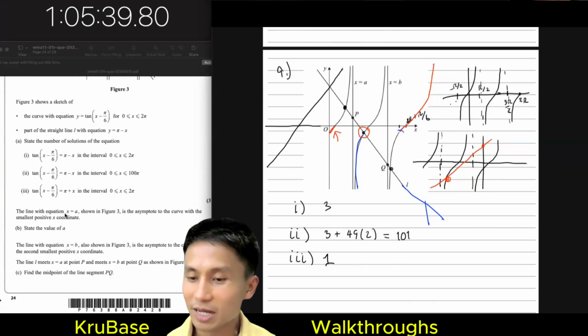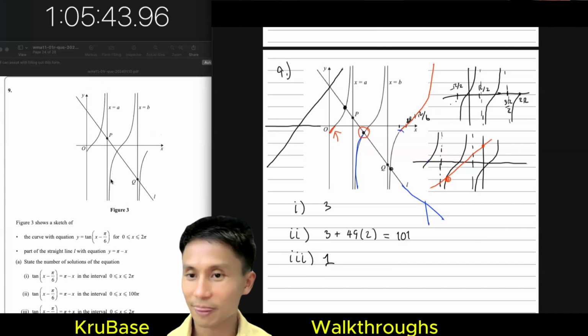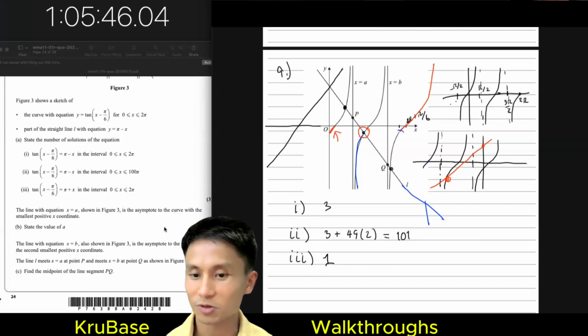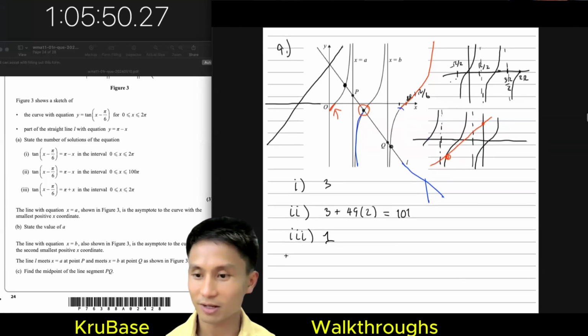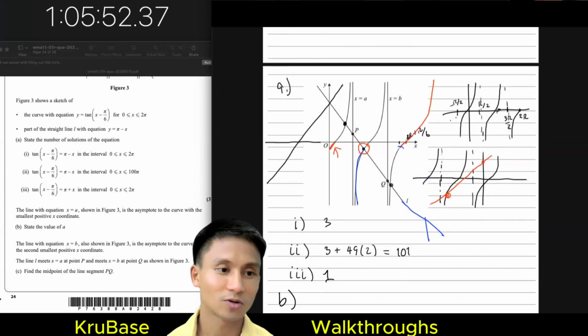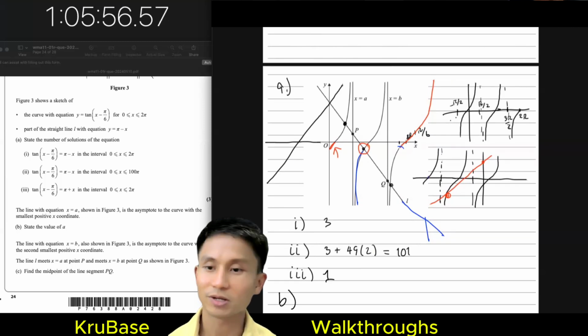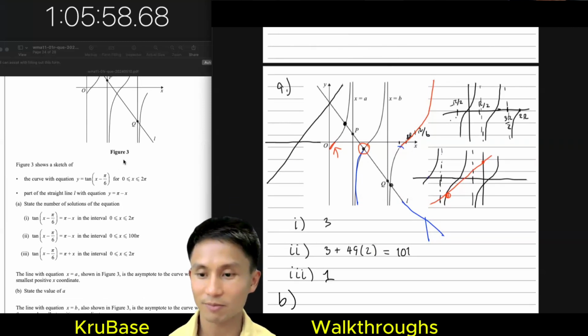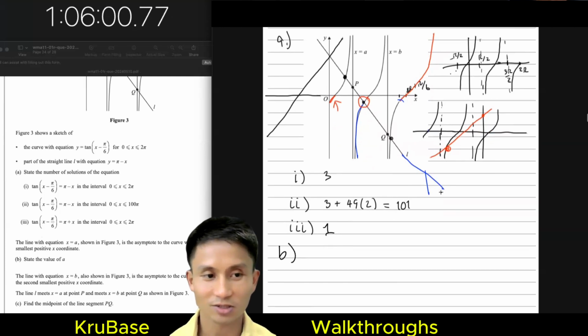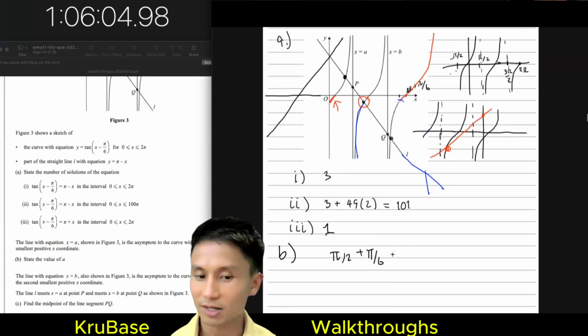The line with equation x equals a, shown in figure 3, is the asymptote of the curve with the smallest positive x coordinate. State the value of a. Okay, that's not bad. So it used to be at pi over 2. Now, because it has moved to the right by pi over 6, that is just pi over 2 plus pi over 6, right?